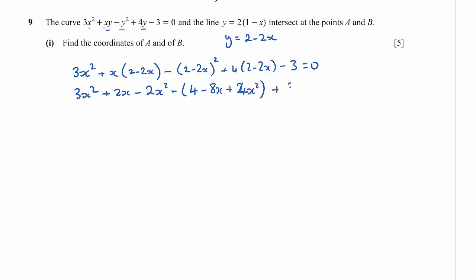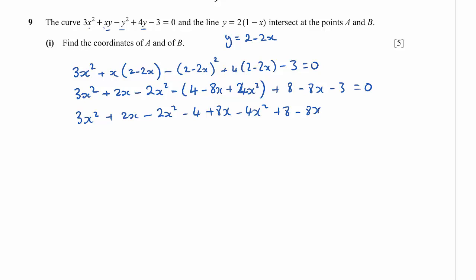Then we've got plus 8, take away 8x, take away 3 equals 0. So 3x squared plus 2x minus 2x squared minus 4 plus 8x minus 4x squared plus 8 minus 8x, take away 3 equals 0. So we've got a bit of collecting of terms to do here.